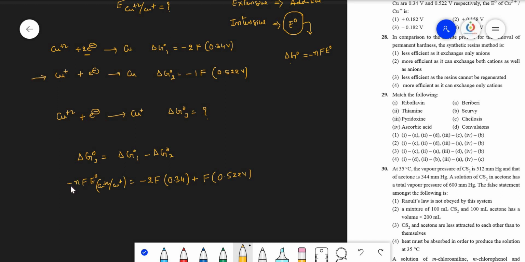Here only one electron is used, so n equals 1. So now this value has to be calculated.